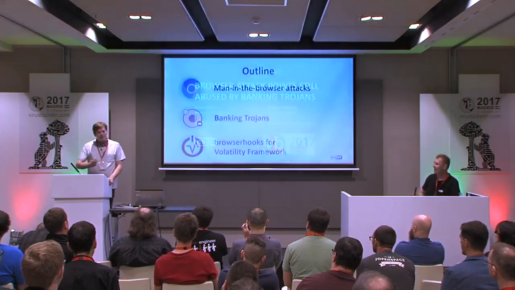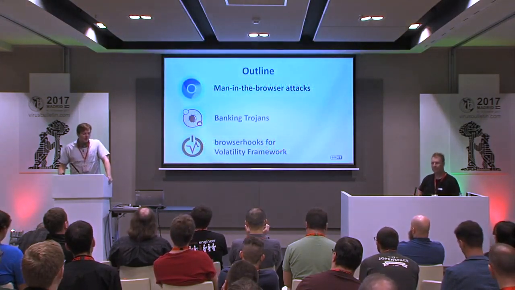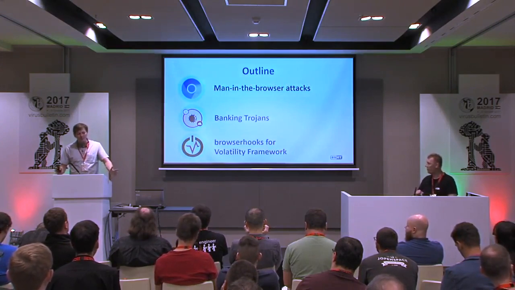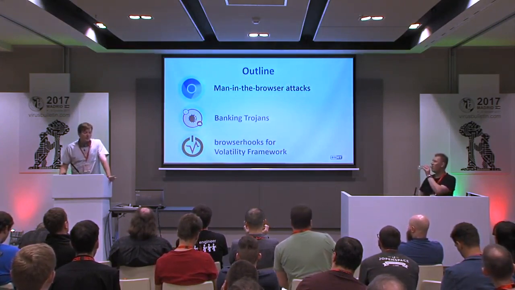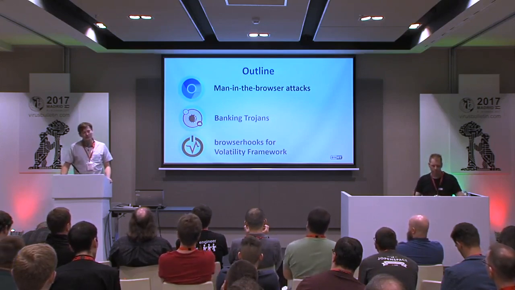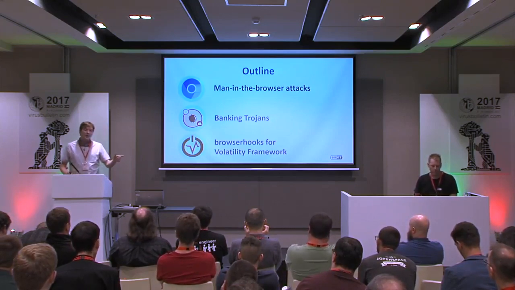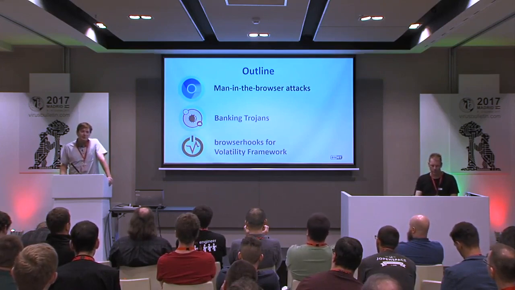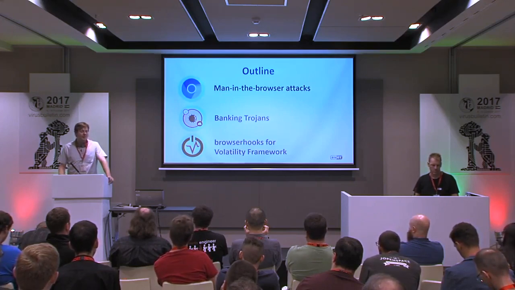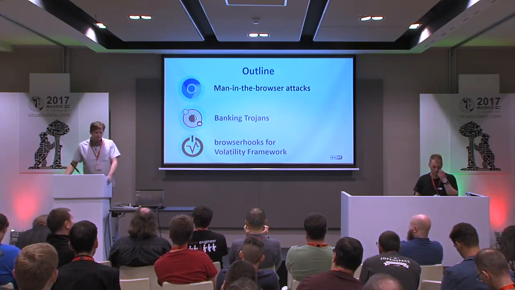The outline of our talk is as follows. We start with a brief recap of men in the browser attacks, briefly MITBs. Those are basically web injects and form grabbing techniques. Then, the Chromium icon here is chosen intentionally because mostly Chromium-based projects cause the malware authors the greatest troubles in implementing MITBs for browsers.